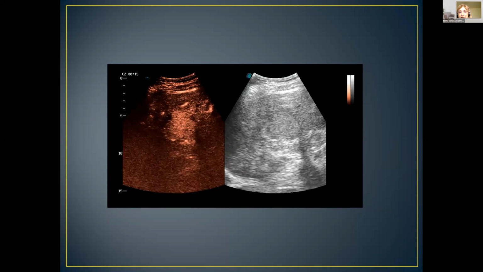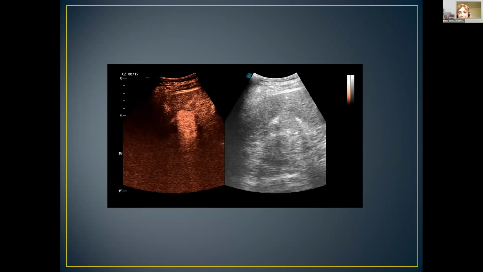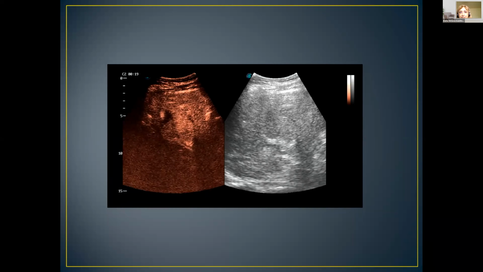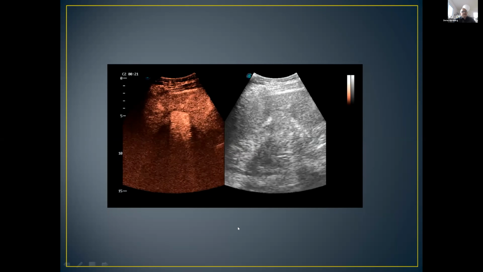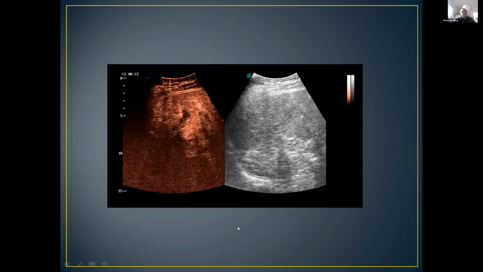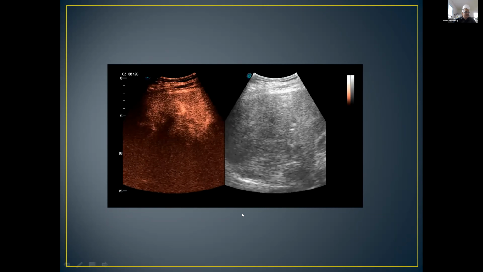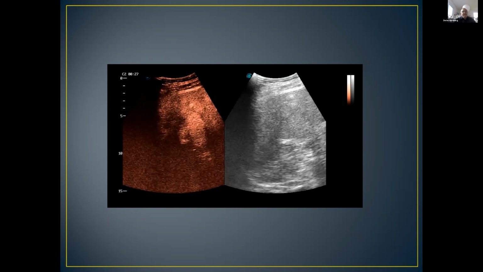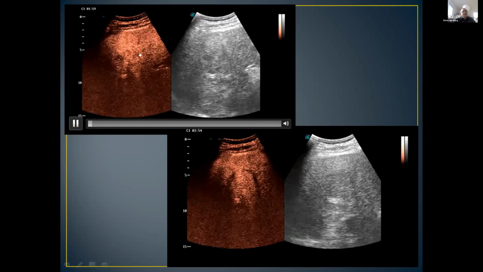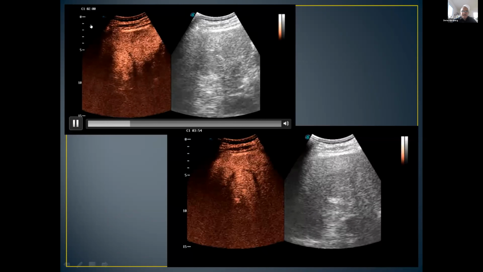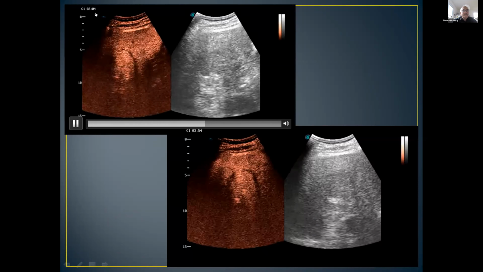A homogeneous arterial hyperenhancing lesion without washout at 2 minutes after injection.